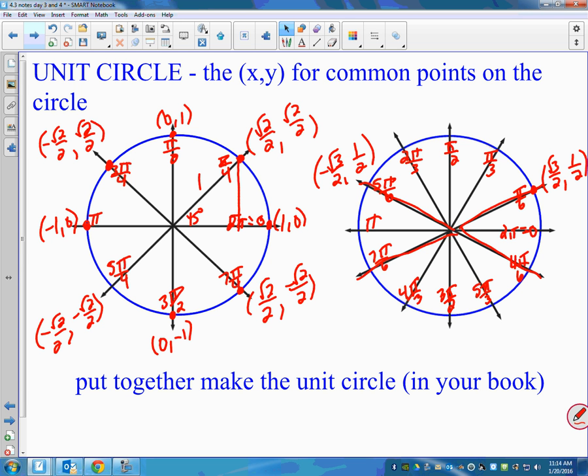And in quadrant 3, at the sixths, I know they're just both going to be negative. So that's negative radical 3 over 2, negative 1. And at the 11 pi 6, it's going to be radical 3 over 2, negative 1.